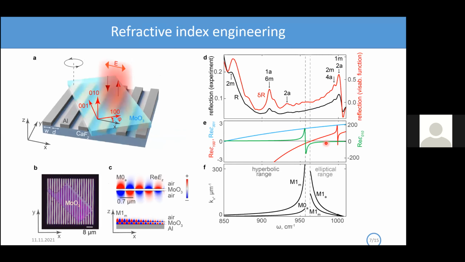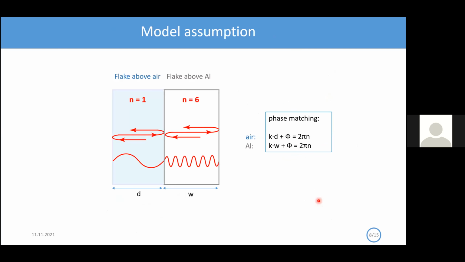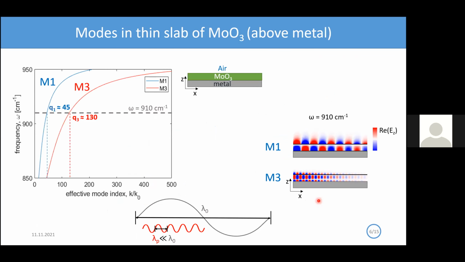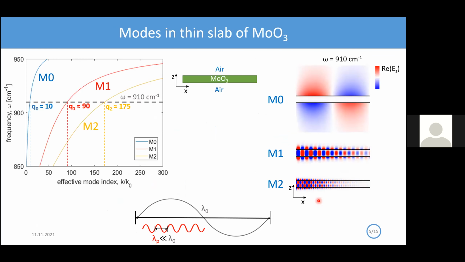Thanks for your question. Really, in the elliptical range, we have only the M1 mode, because for the M0 mode the effective thickness is 0, as there aren't any oscillations in the Z direction.